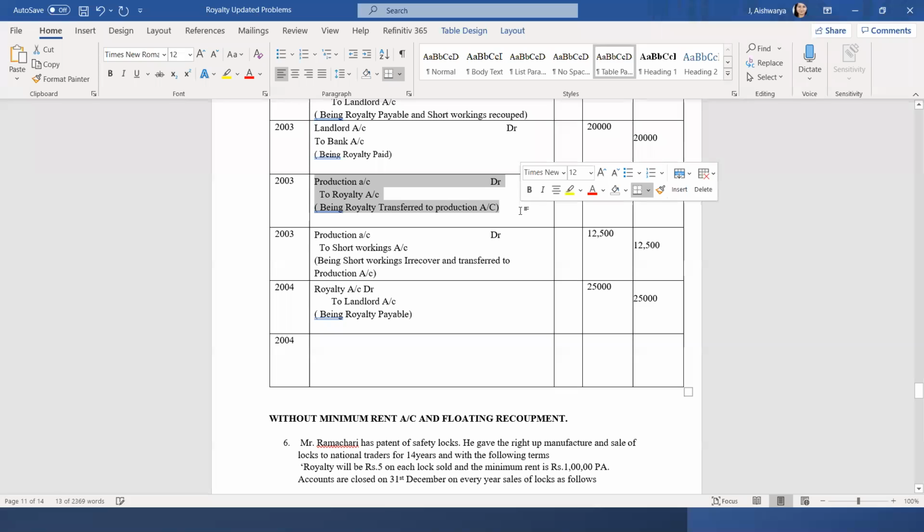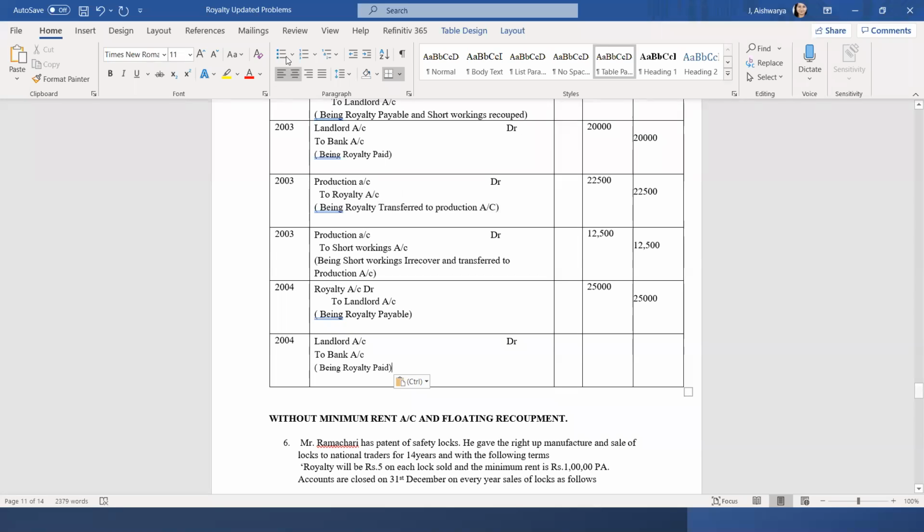Being production account debit to landlord account. No, ma'am. Yes, I'm just checking whether you people are awake or not. Ganvi, unable to hear properly? Shashank, you are right, short workings won't come in 2004.